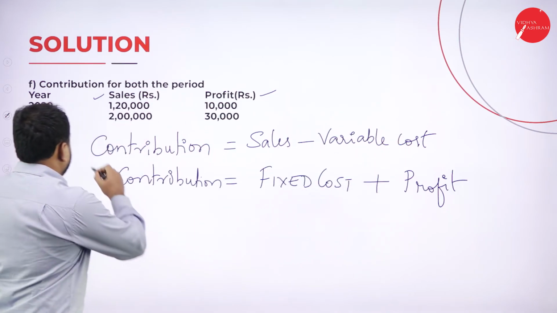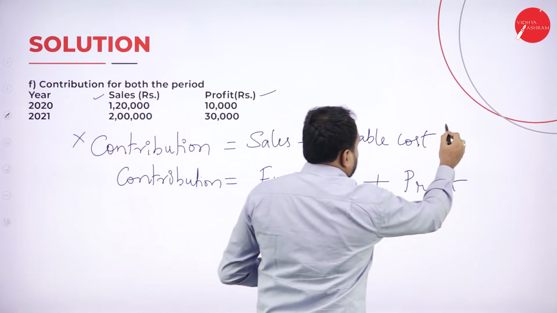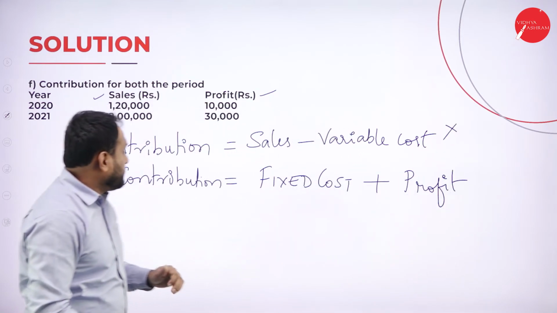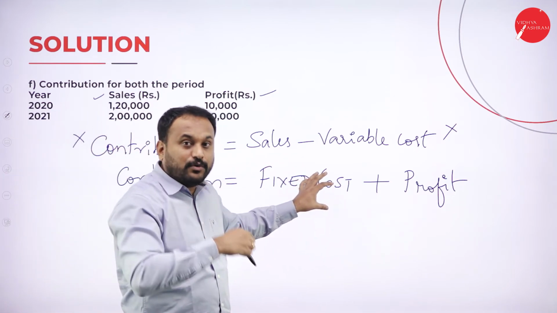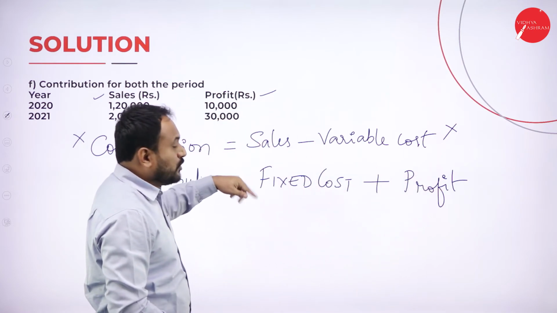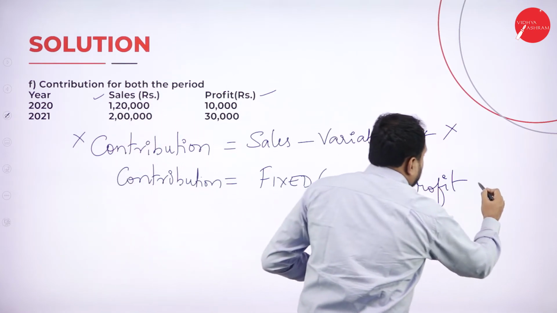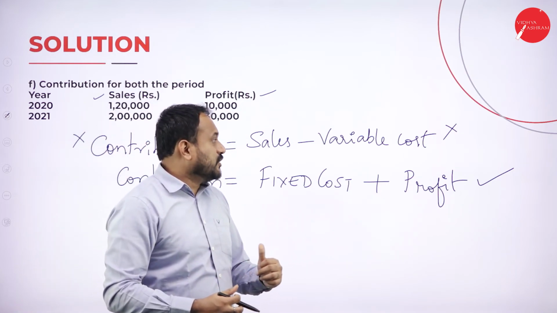So that means we cannot take this formula. So this formula is not to be taken. But here contribution we don't know, fixed cost we have found in our question, profit we have. So this formula we can take. This is how you are supposed to judge.